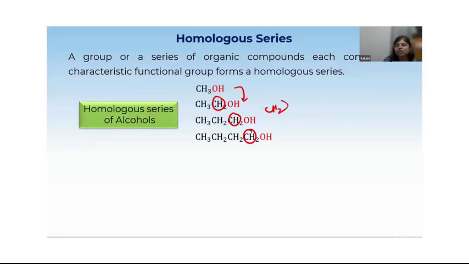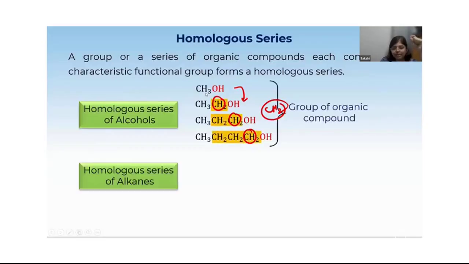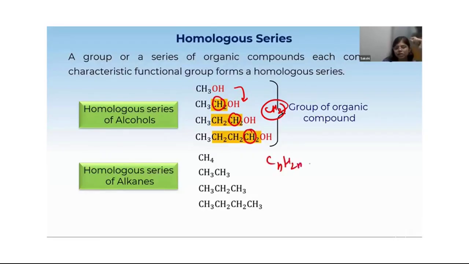Here the functional group is the same. If you look at the homologous series of alkanes, they differ only by a CH2 group. What is the general formula of an alkane? The general formula of an alkane is CnH2n+2. Okay, what is an alkane?